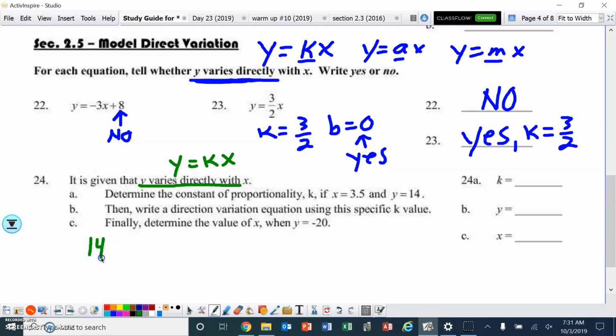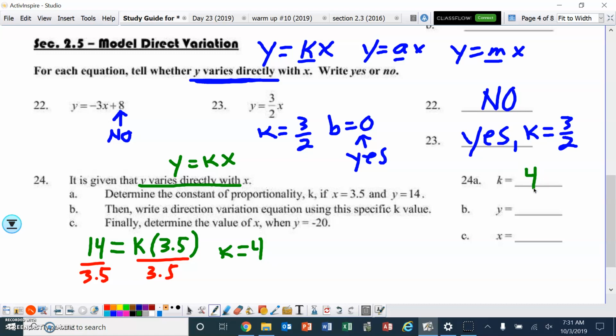So 14 equals, let me put the k first, k times 3.5. Divide by 3.5, and we now know what k is. So k is going to equal 4. So that's what goes here, 4.